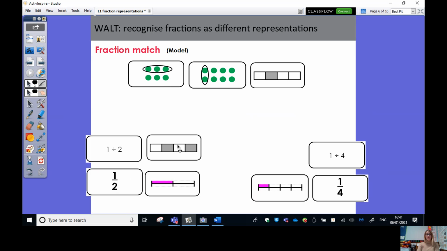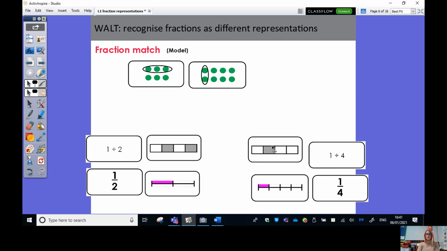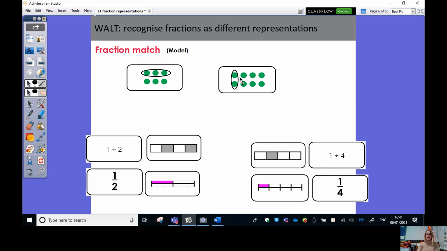So that one must be a half. Because if I look at this one, there are 4 parts and only 1 of them is shaded. So 1 out of 4 are shaded in. So that one is 1 quarter. Okay, so for these ones, again, I've not got 4 parts or 2 parts, so I'm going to have to think really carefully about the groups.